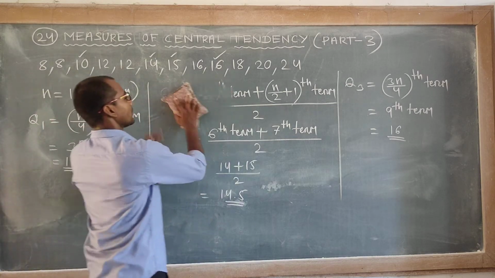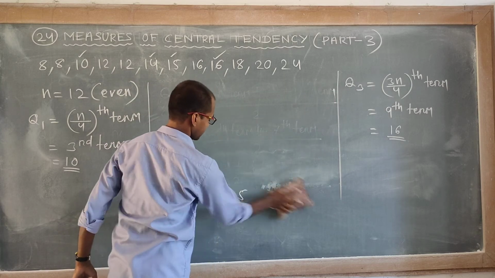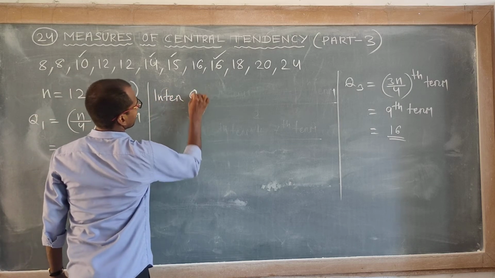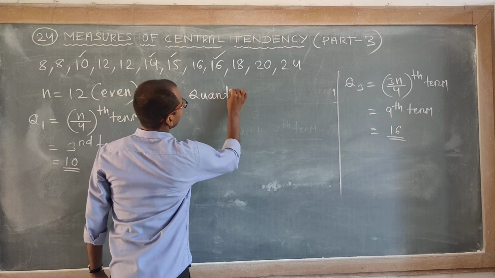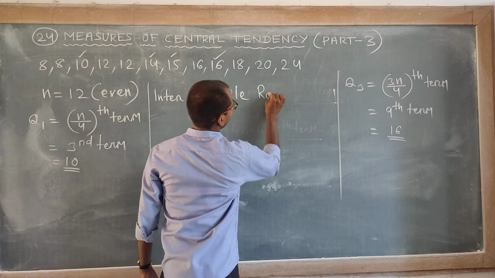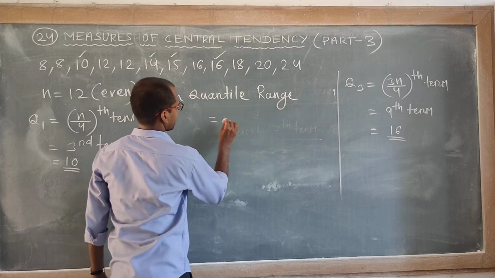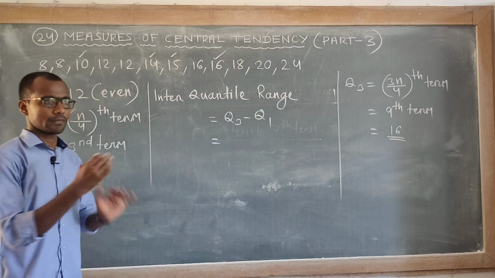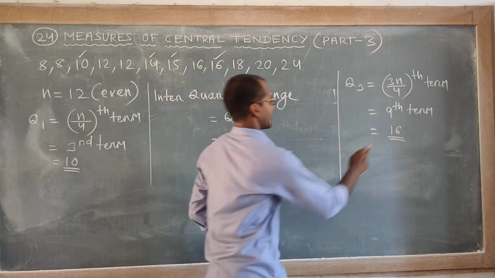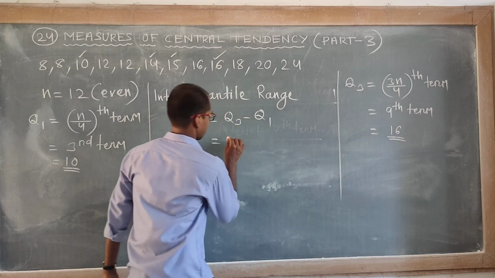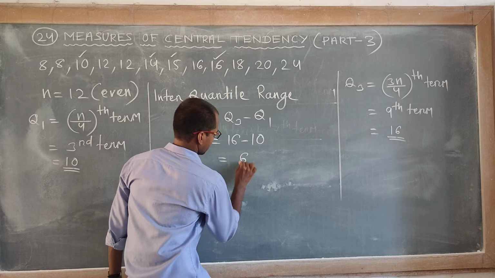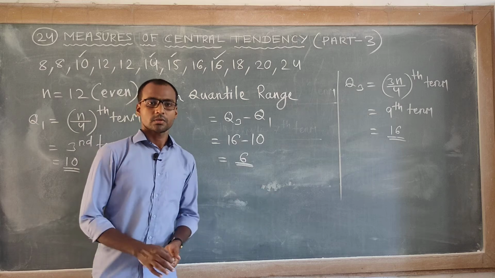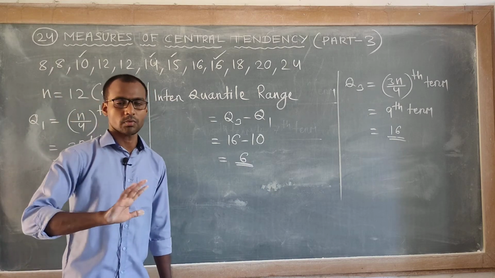Here I am writing interquartile range is equal to Q3 minus Q1, the difference between the upper quartile and lower quartile. 16 minus 10, which is 6. So this is how to find the interquartile range for untabulated data.